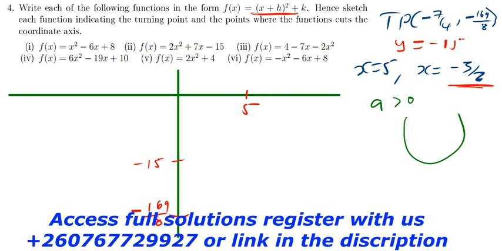Okay, let's see. Are the x values that we have found correct? We have actually said the x value is negative 3 over 2.